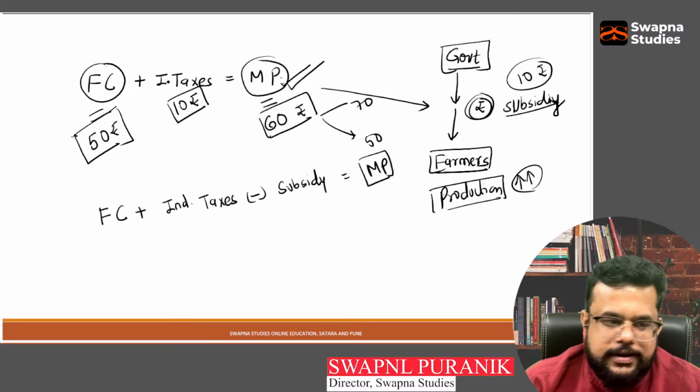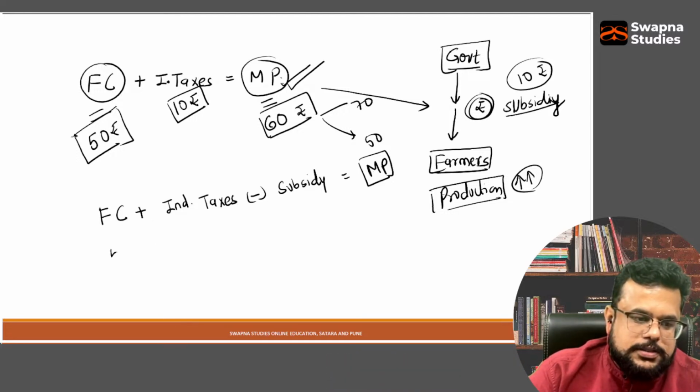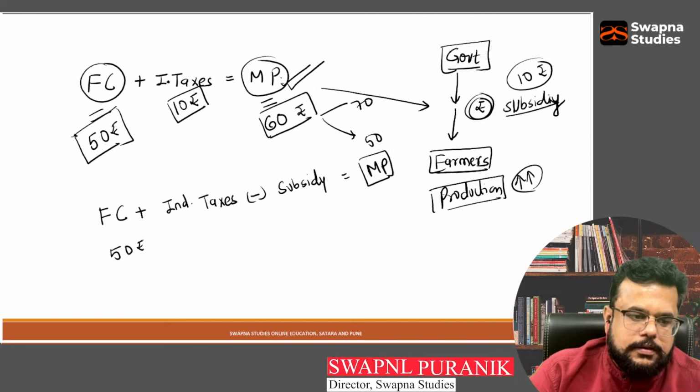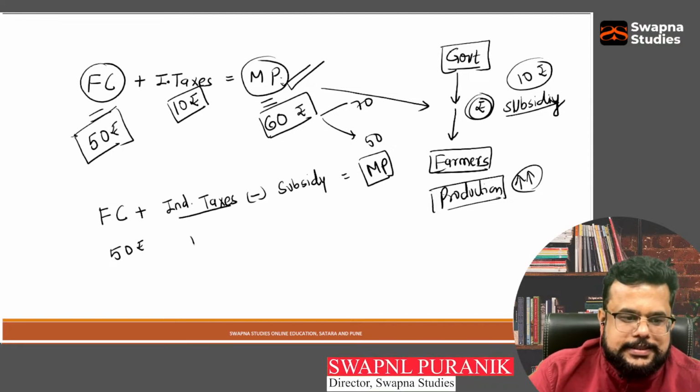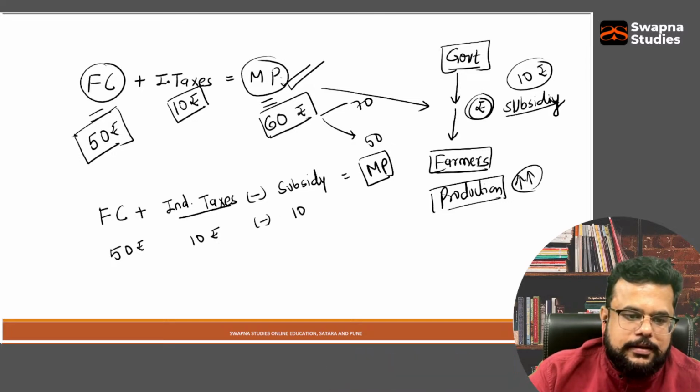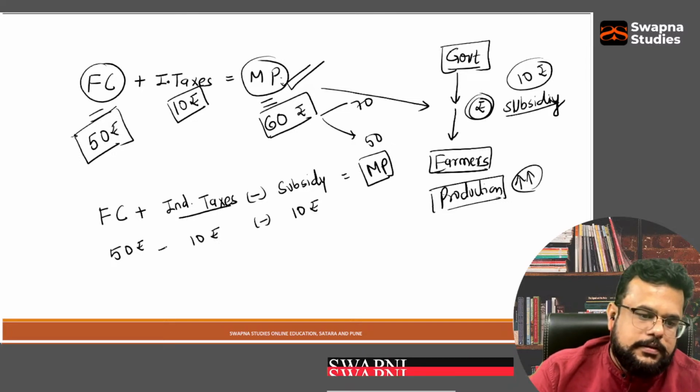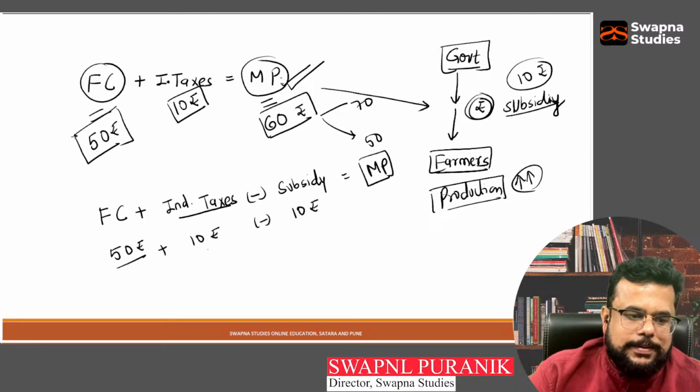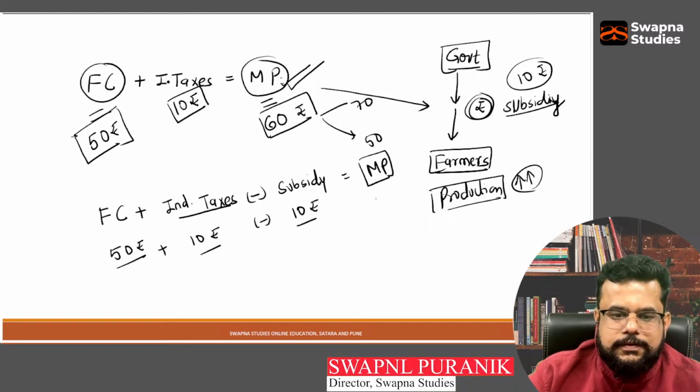Understand, what was the factor cost? 50 rupees. What are the indirect taxes? 10 rupees. What is the subsidy? 10 rupees. Now what is the answer? 50 plus 10 is 60, minus 10 is 50.